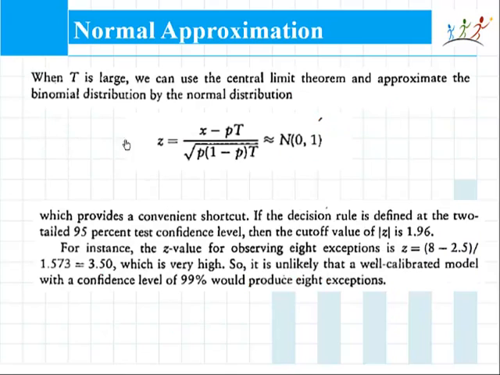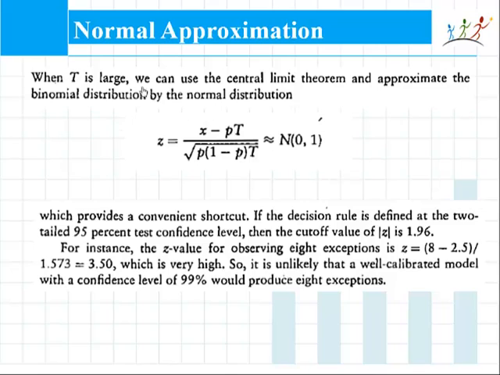So we'll now try to answer the question of what number of exceedances are acceptable and when we should actually reject our model. When T, the number of days, is large, we can use the central limit theorem and approximate that the binomial distribution will be like a normal distribution.